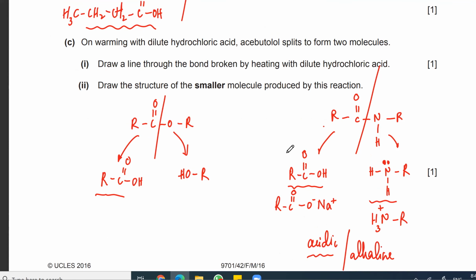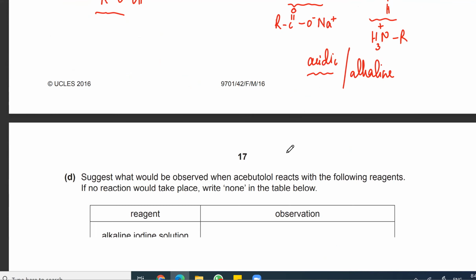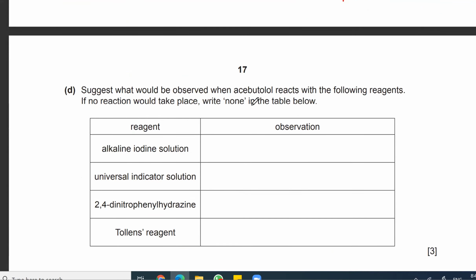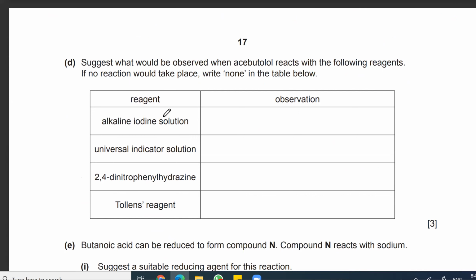Okay, so suggest what would be observed when this reacts with the following reagents. Alkaline iodine solution. So first thing, what's an alkaline iodine solution? It's the iodoform test, which in AS was a test for specifically this structure.